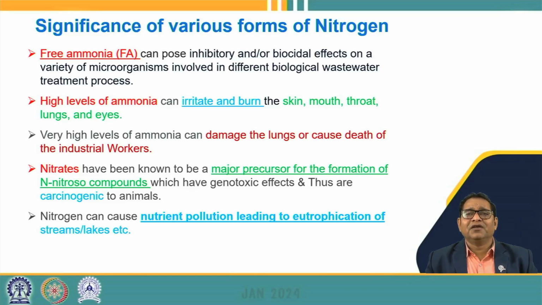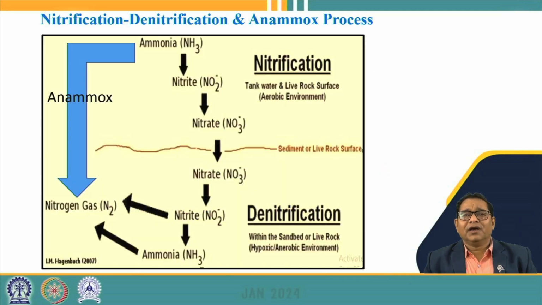Determination and management of various forms of nitrogen in industrial wastewater treatment is very important. Before we go to another parameter, let us talk about the three important processes that are carried out and are responsible for making the nitrogen present in different forms.